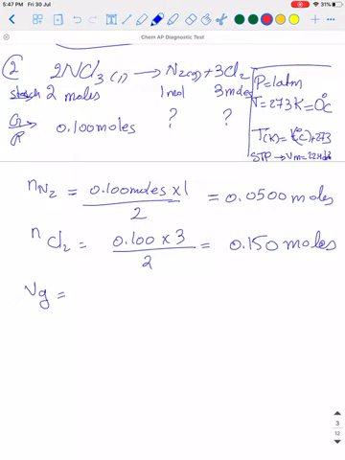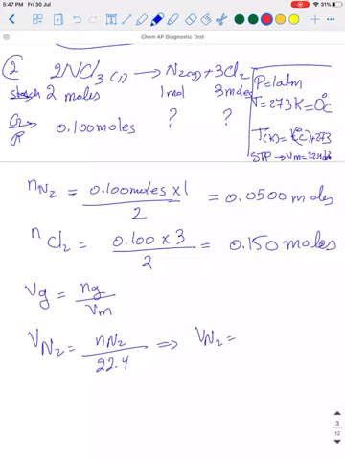We know that the volume of any gas equals the number of moles of the gas over V molar. So let me substitute that for nitrogen.